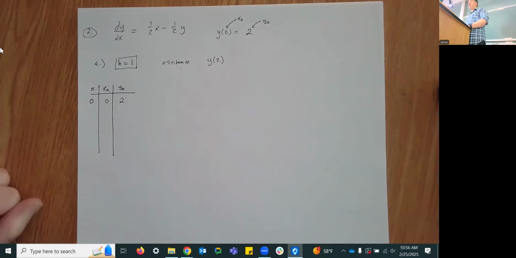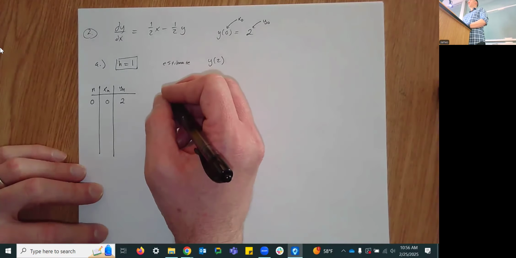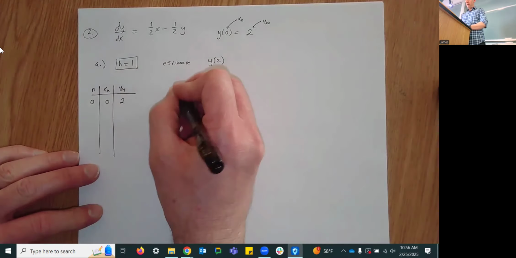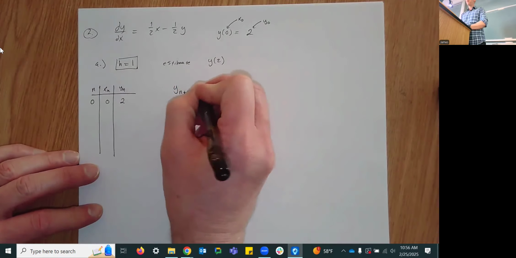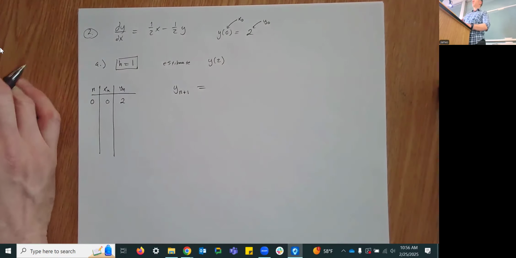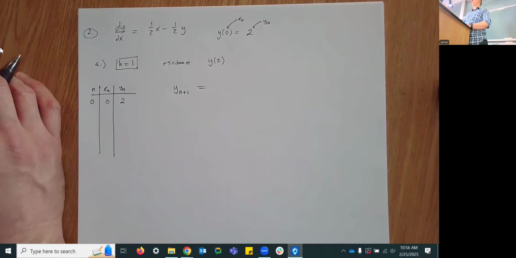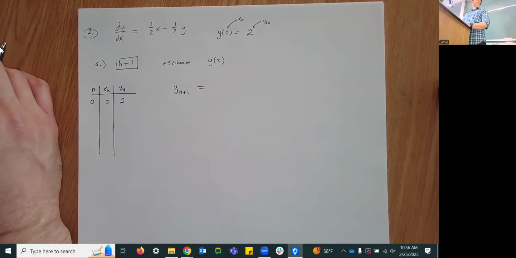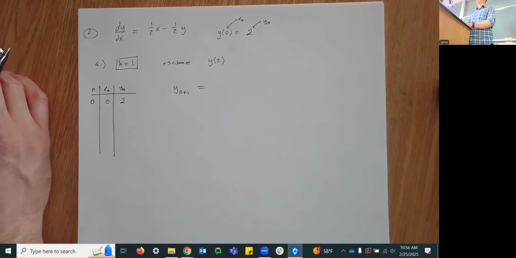So we're going to do this once to approximate y of 1, and then we're going to do it again to approximate y of 2. Challenge yourself for a moment here. See if you can write down the formula for y sub n plus 1. I'll remind you that it's equal to the previous value plus your rise, which is your slope times your run.